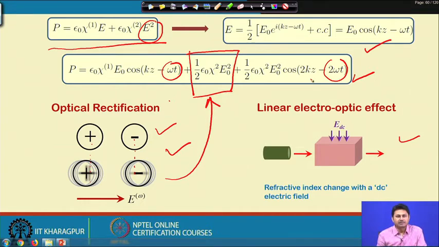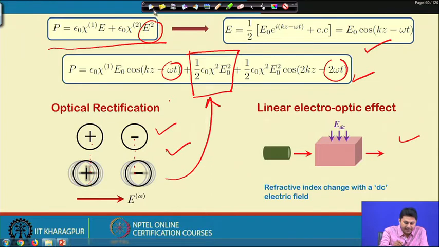So, my dipoles are going to vibrate, but it is not just vibration: the average location of the plus and minus charge may also separate. This separation of the average charge is basically termed optical rectification.